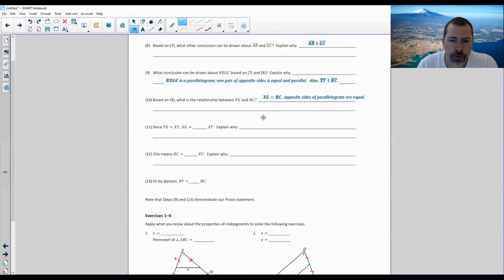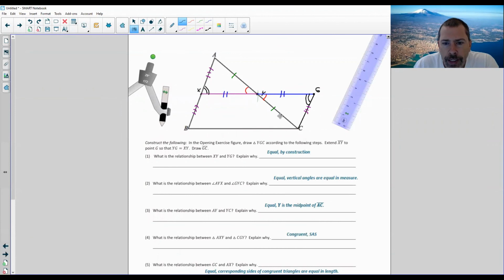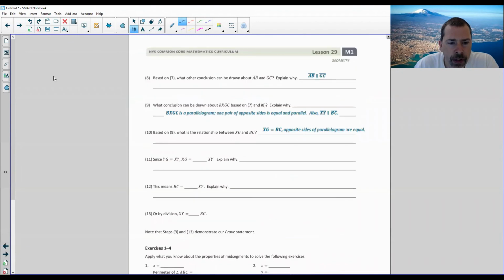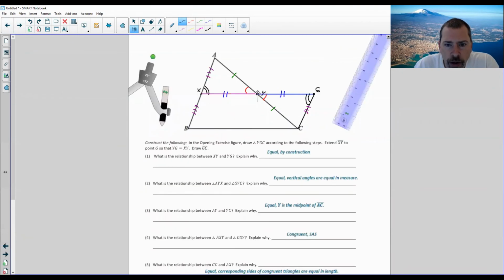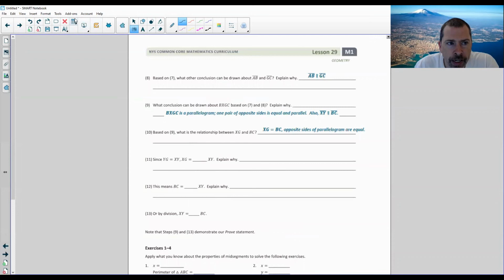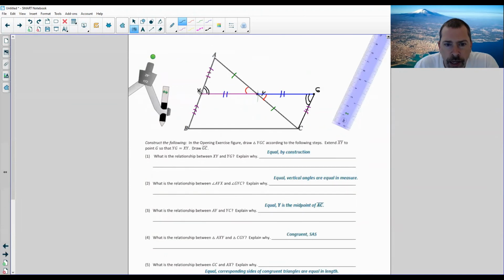Okay, so flipping back and forth here, YG equals XY. So let me look. YG equals XY. Yes, okay. Then XG is equal to what of XY? So it's saying if YG equals XY, then XG is what of XY?